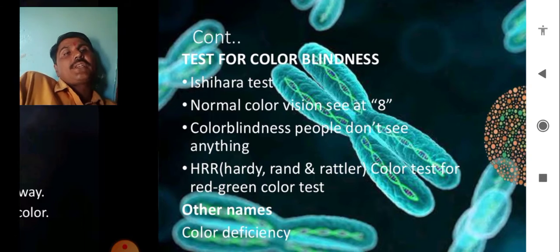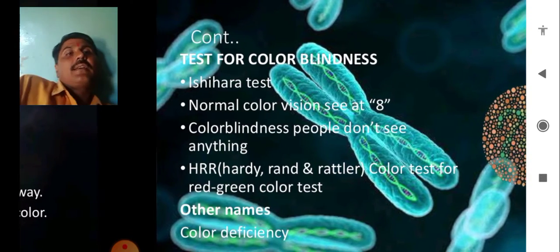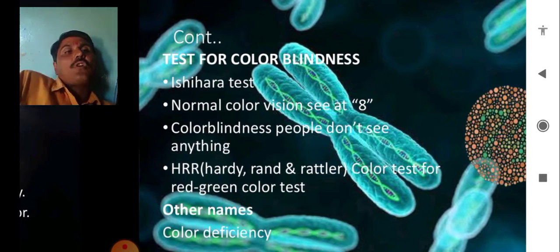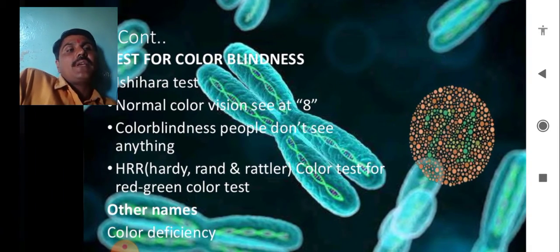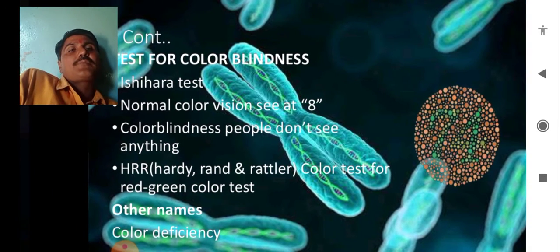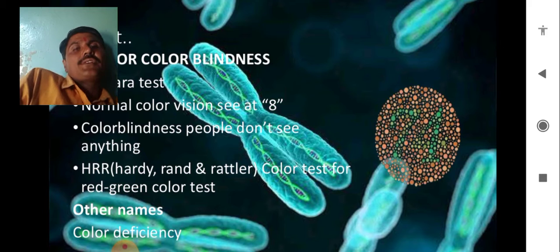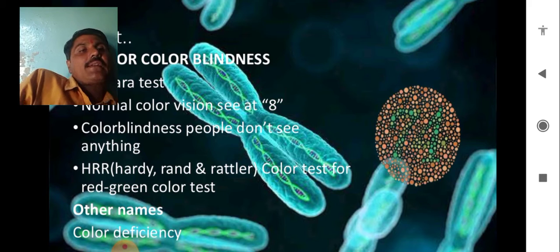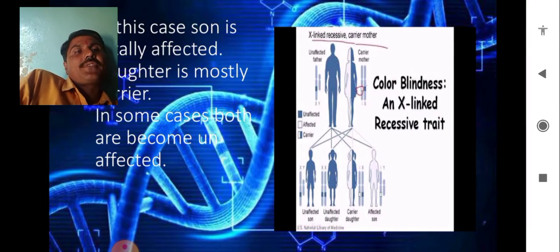The test for color blindness is the Ishihara test. With normal color vision, you see the number, while color-blind people don't see anything. There is also the HRR, Hardy, Rand and Rittler color test for red, green, and other color deficiencies.